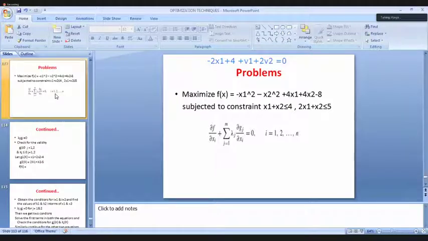Yes, sir. Now please solve in the same way and tell me the second equation for it. Minus 2x2 plus 4, I'm writing here only. Tell me. Minus 2x2 plus 4 plus lambda 1 plus lambda 2 equal to 0.